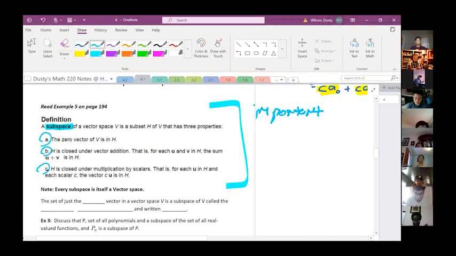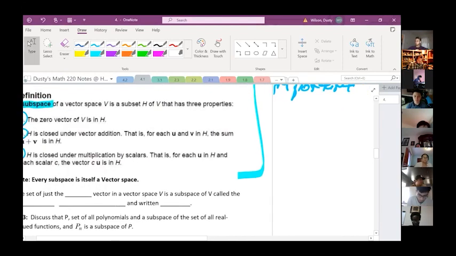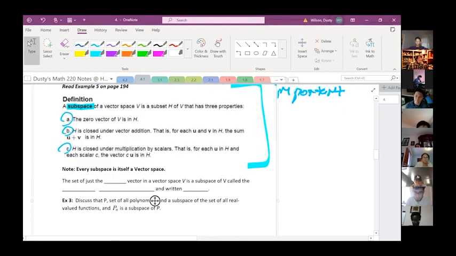Today is a little bit theoretical. Tomorrow we start doing examples with that, or maybe even at the end of the class today. So note, every subspace is itself a vector space. The set of just the zero vector in a vector space V is a subspace of V, and it's called the zero subspace.